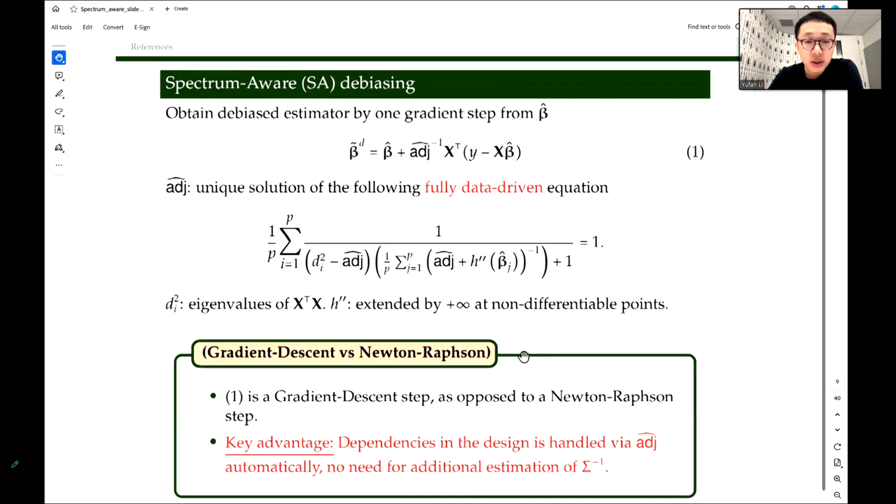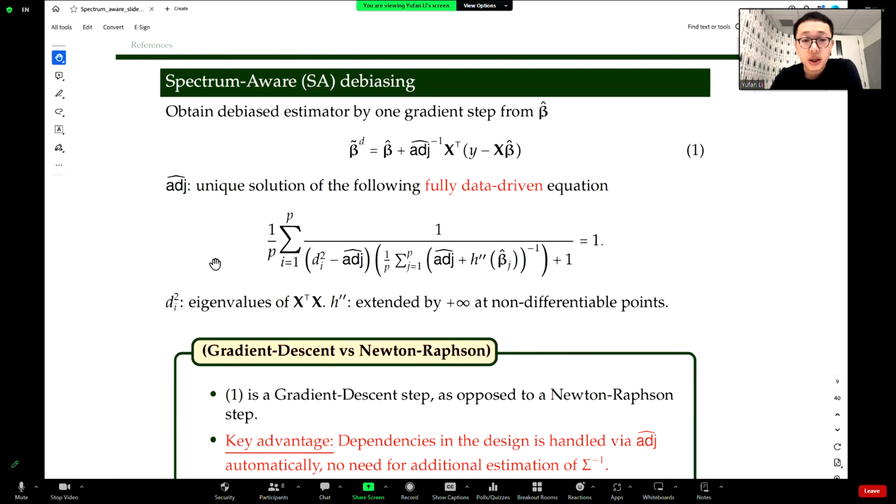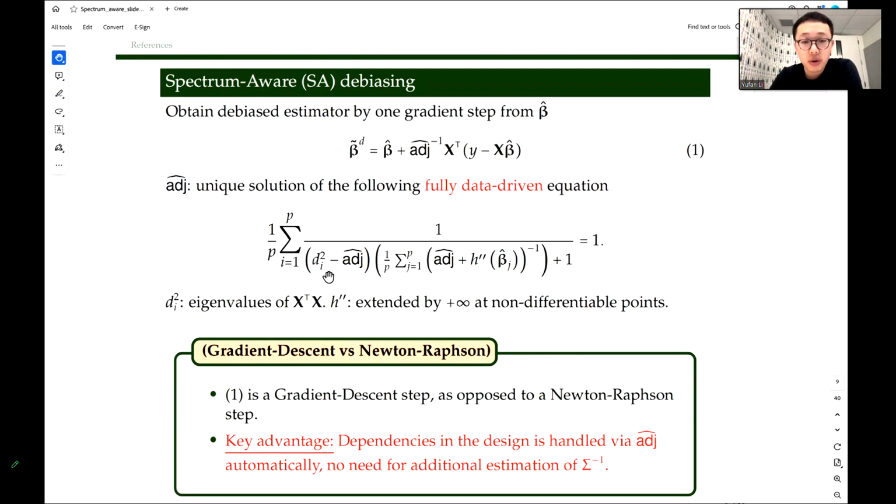Without further ado, this is what our method looks like. As you can see, now I no longer have that sigma inverse pre-multiplied here. Instead, we just run a simple gradient descent with a scalar adjustment. And the scalar adjustment is solved from this equation, which we can show admits a unique solution. Also, this equation involves only quantities that are directly observable from the problem.